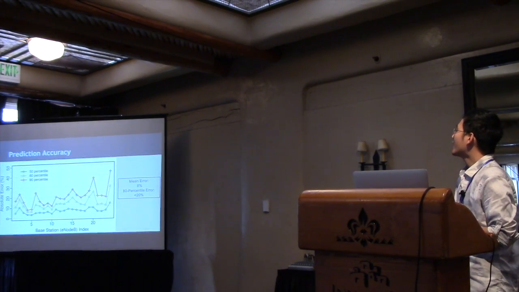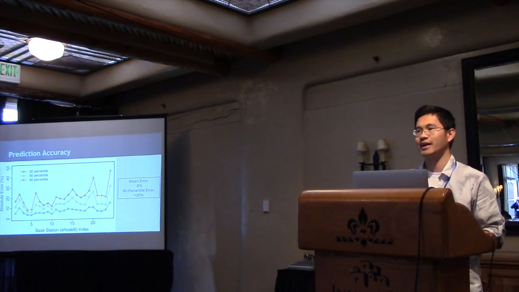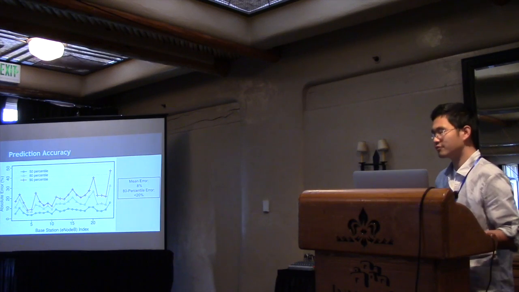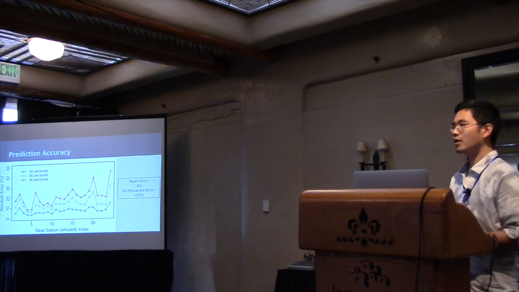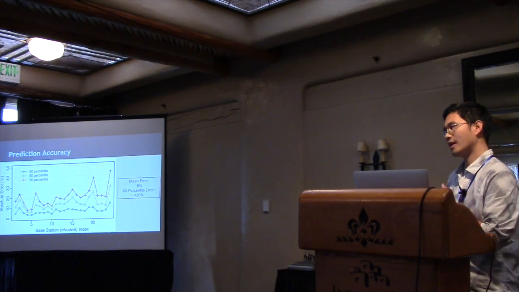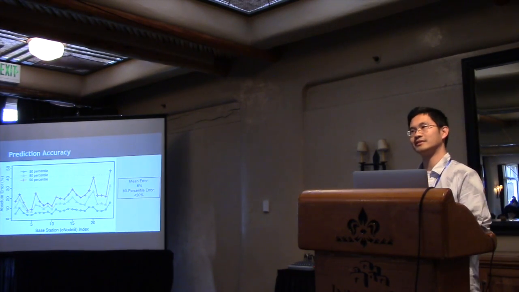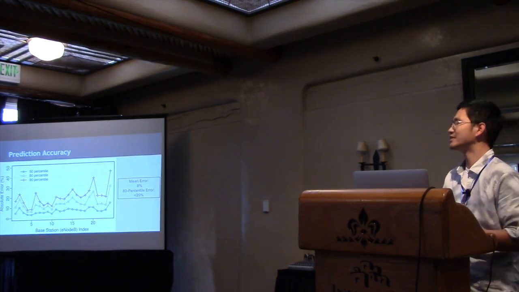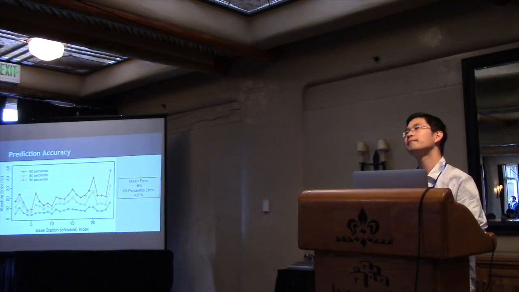We want to comprehensively evaluate the prediction accuracy, so we repeat the experiment across 24 base stations. Overall, our estimation method is both accurate and precise. The mean estimation error is about 8%. The 80th percentile error is less than 20%.